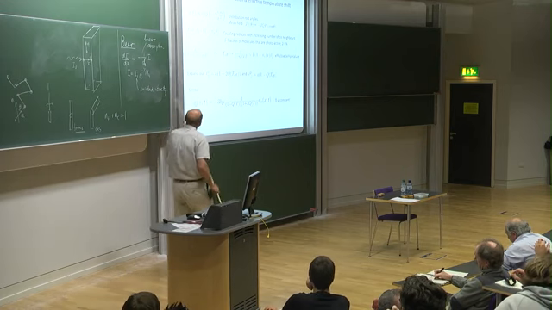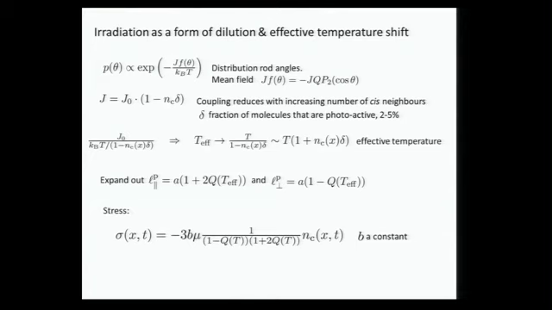So what I need is the order parameter, and the order parameter is a function of temperature. And into this temperature here, the T effective, I can say it's the real temperature raised by this factor here. And I can take these order parameters and expand them out to account for this change in temperature.